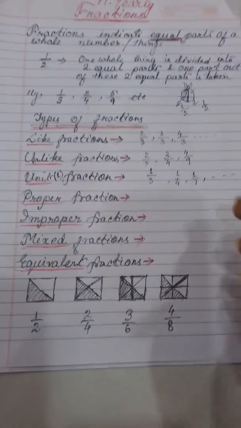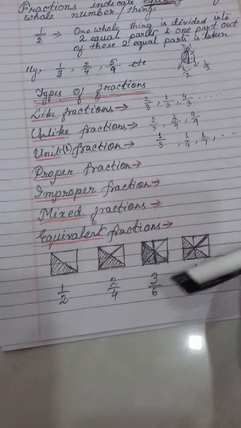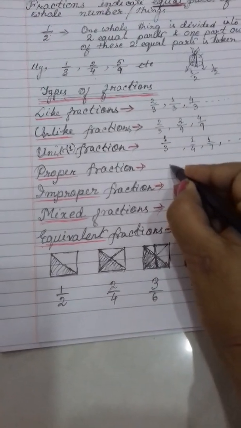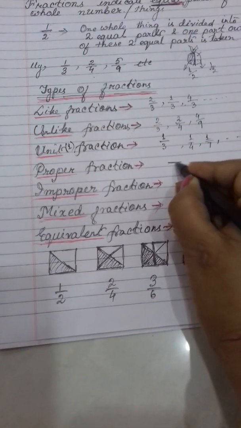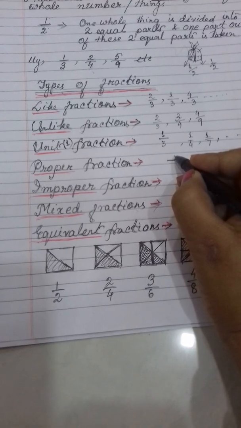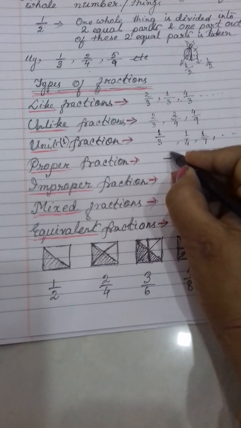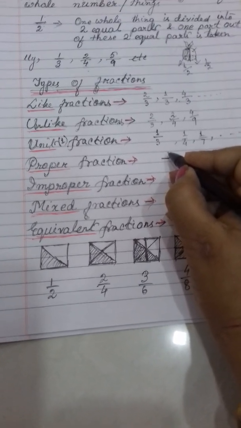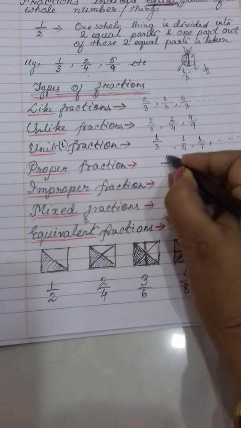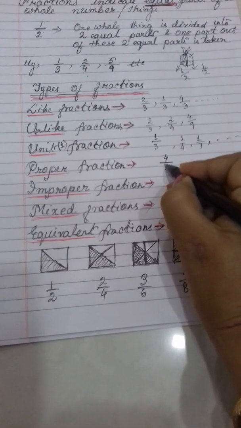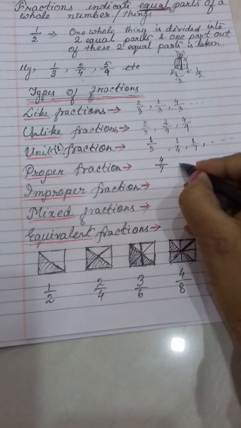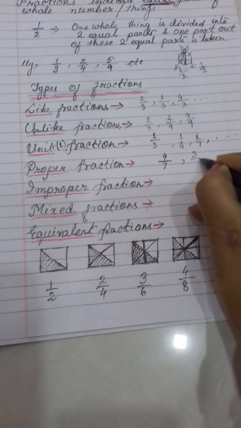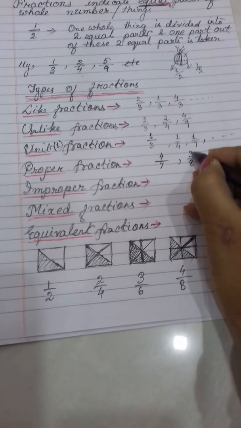Now proper. Proper fraction is what? That fraction is known as proper fraction whose numerator is smaller than denominator, like 4 by 7, or you can consider 3 by 8.